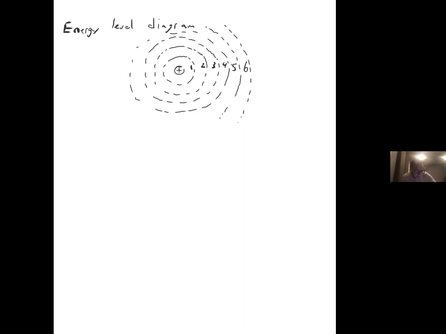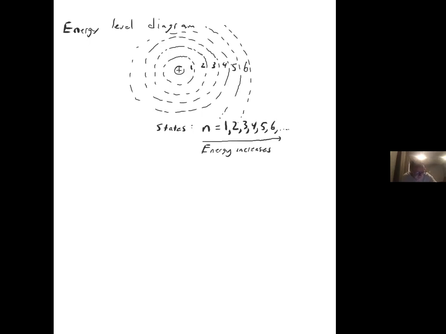We're going to call those numbers, those states, n. The symbol we'll use for them is n. So n can be 1 or 2 or 3 or 4 or 5 or 6, as far as you want to go. But it's important to point out that as n increases, the energy increases in this direction.